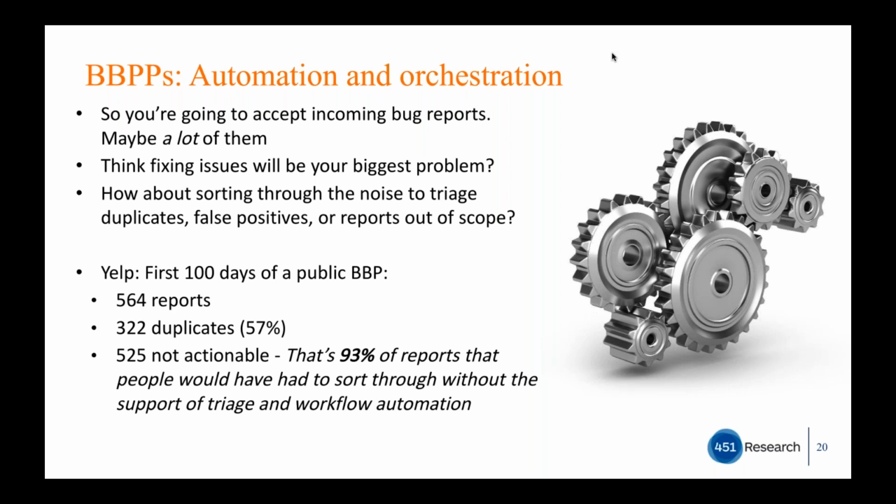And a full 525 of the 564 reports they received weren't actionable, and that's 93% of the reports that came in that people would have had to sort through, and moreover, Yelp's people would have had to sort through without the support of automation for triage and integration with workflow to handle these issues. So there's a lot of advantages in working with a platform that's designed to automate and orchestrate these processes. Next slide.